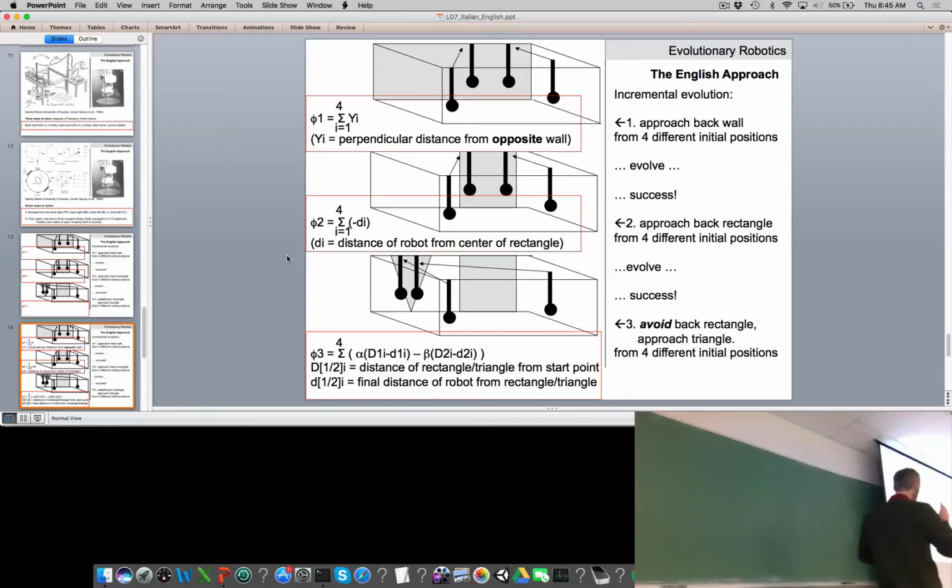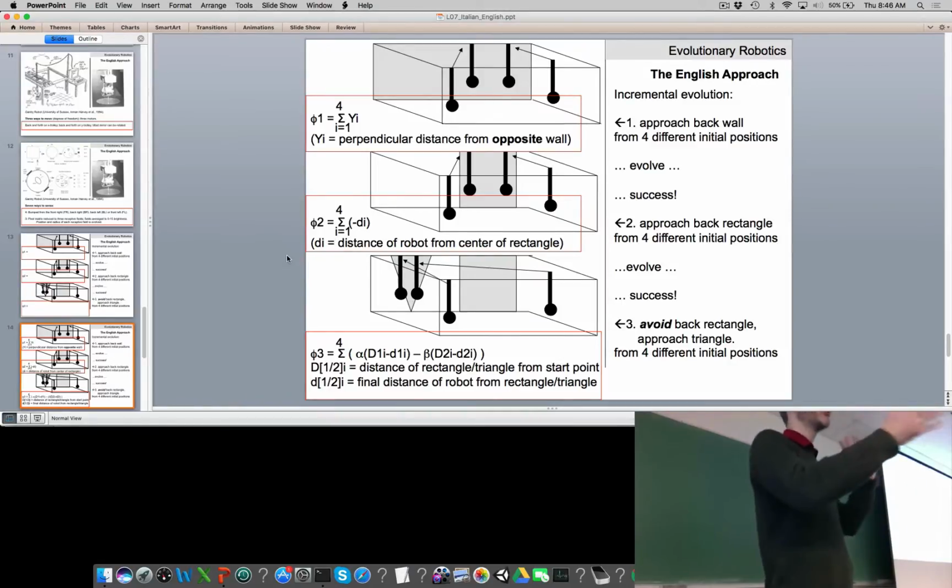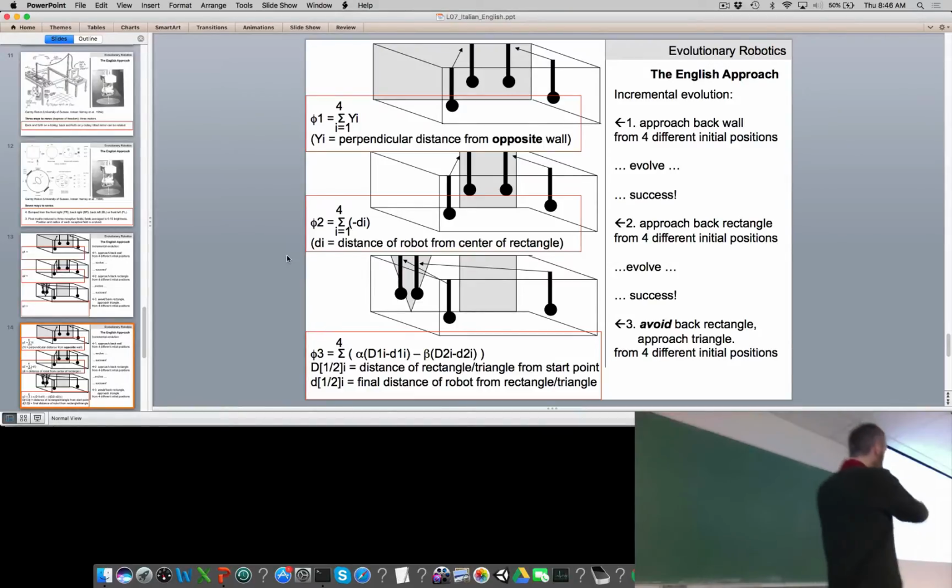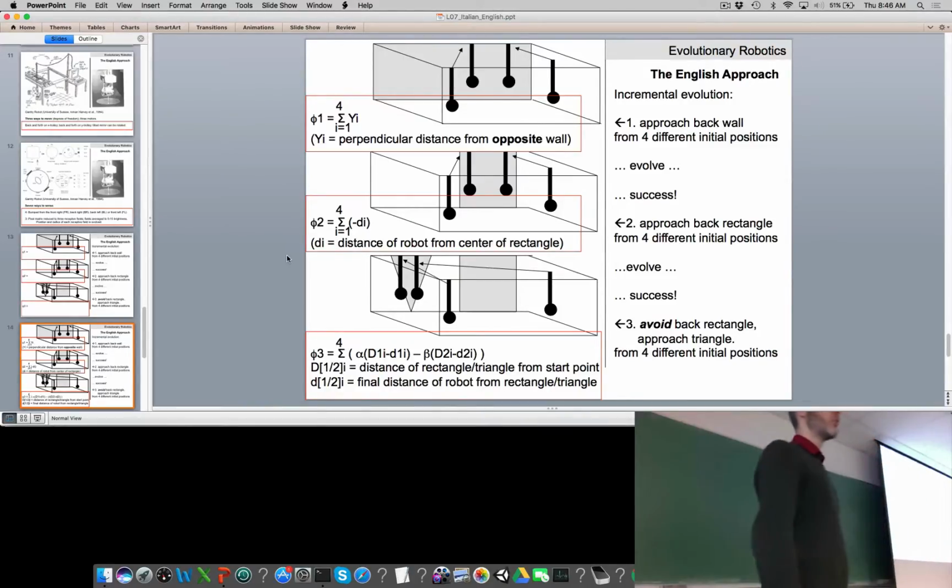So we're going to see a lot of fitness functions throughout this course, and often we're trying to find a way to write down this fitness function to get evolution to strike a balance between these 2 things. Or better yet, do both, right? Avoid rectangles and go towards the triangles. Okay, again, the specific form of each of these equations doesn't matter, but you can sort of see that we're gradually making things more difficult for the robot as evolutionary time proceeds.